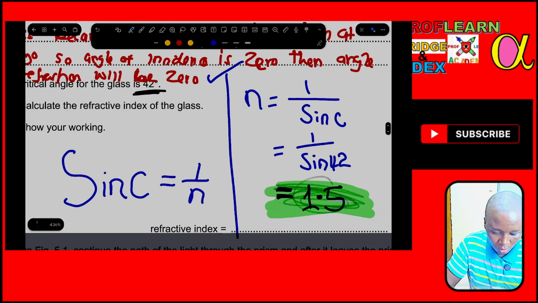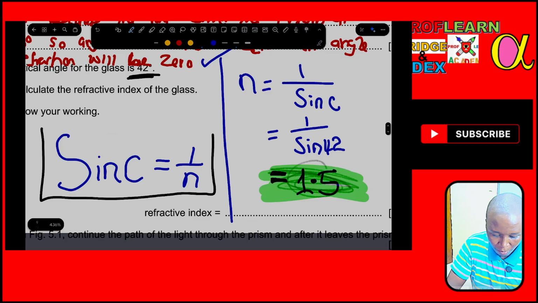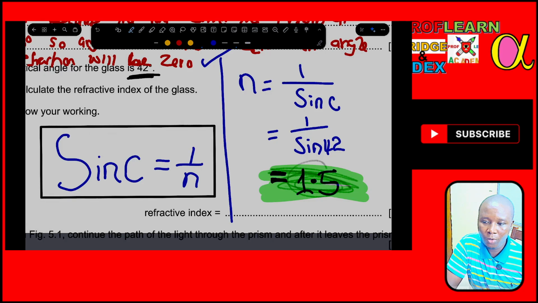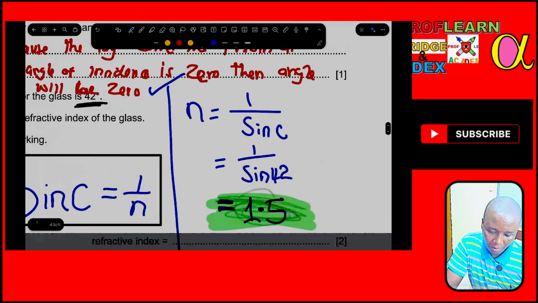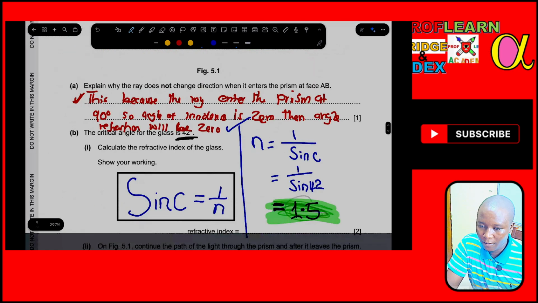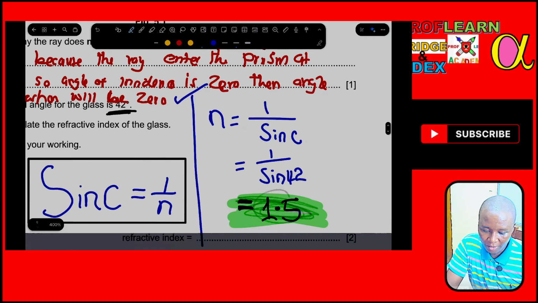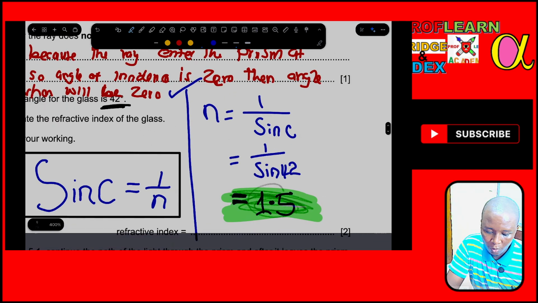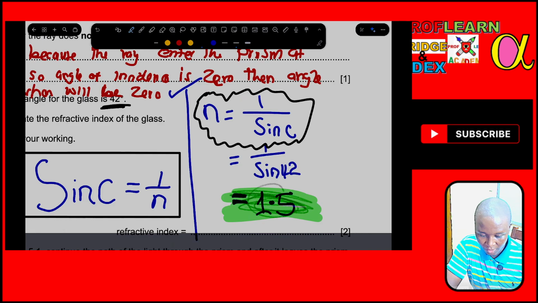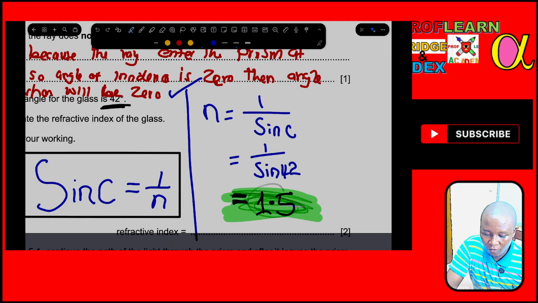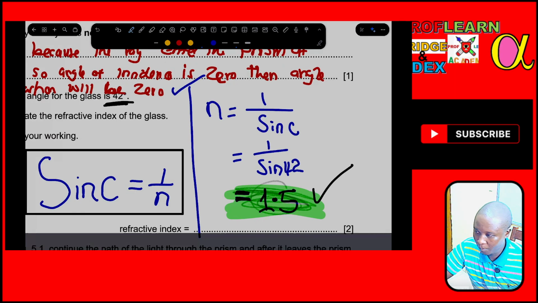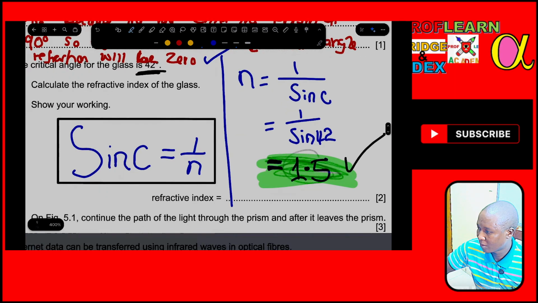So candidates were supposed to remember this particular formula that we have here. Then from there, they could use it at this particular point, because the refractive index is 1/sin of the critical angle. So if you do that, 1/sin 42 will give you 1.5, and that's what candidates were supposed to do at that given point.